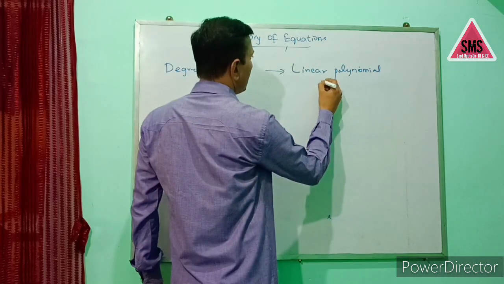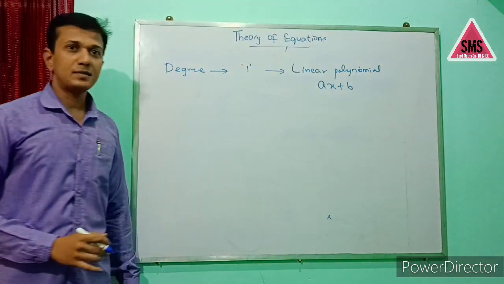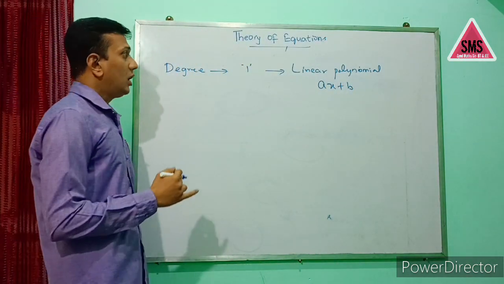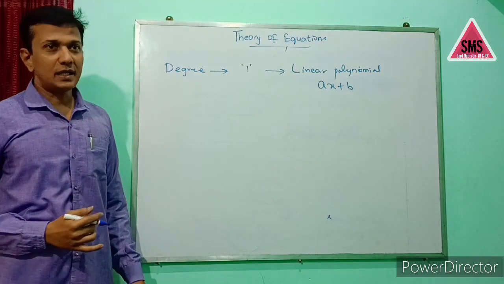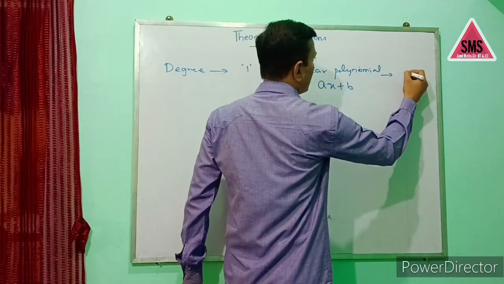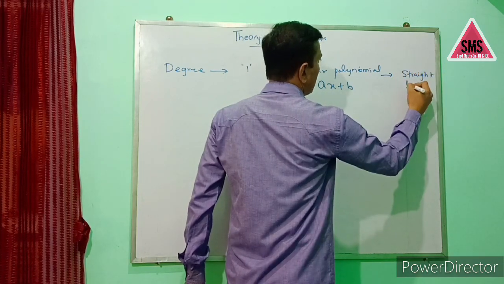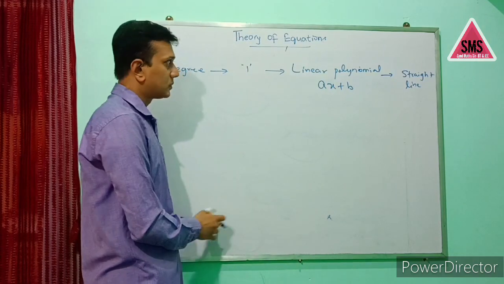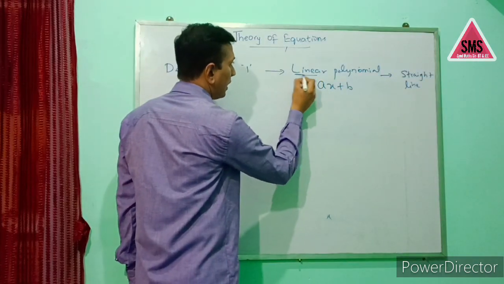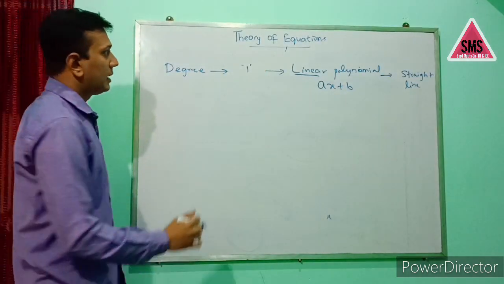The general form of a linear polynomial is ax plus b. And when we go for a graphical representation, since it is a linear polynomial, the graph is going to be a straight line. Linear equation, line. So straight line.